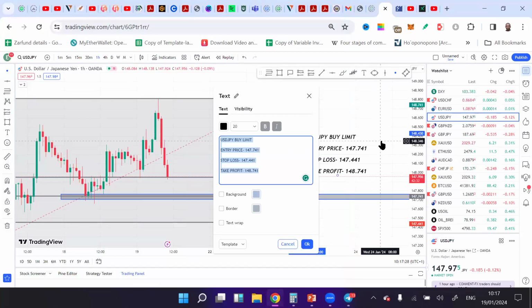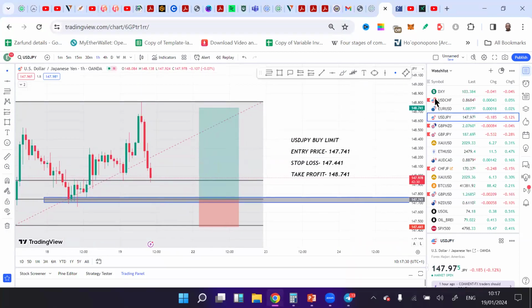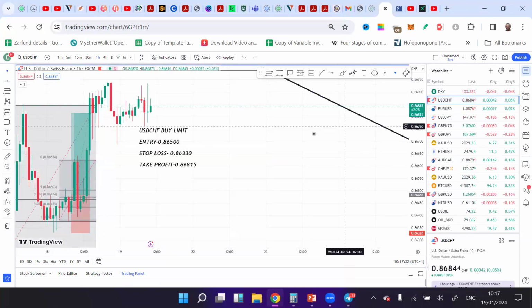So that's for USD-JPY. Let's see what else we have. Where else do we have a potential trade to take?